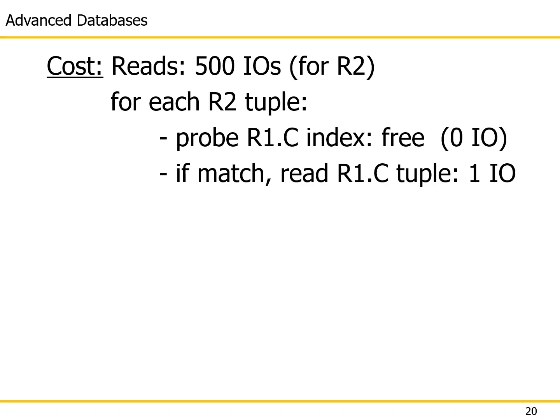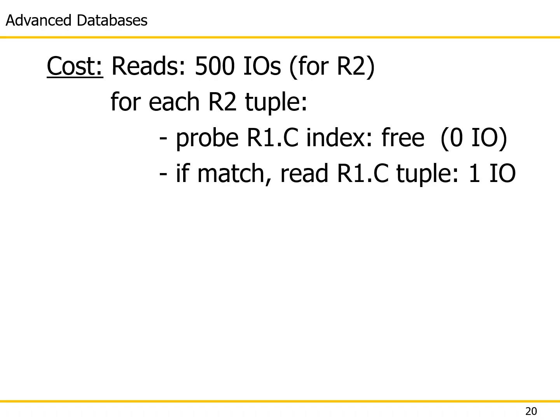This will repeat every time I'm querying the R1.C index. At one point I might ask, does 20 exist in R1.C? It tells me yes, and it exists in this page on disk, so I go and load the page. The next time I ask, because I'm reading from R2, the next row might be the value 700.